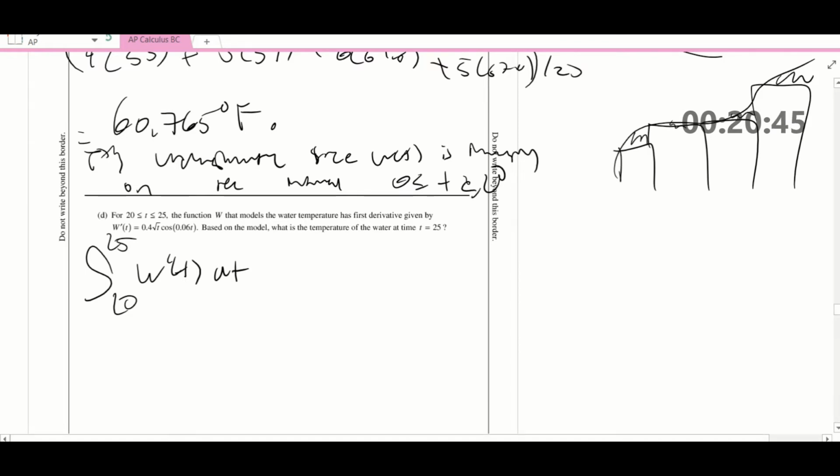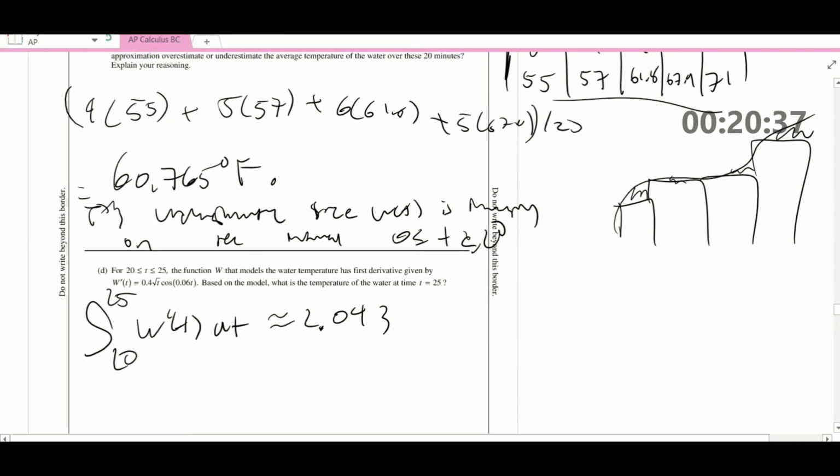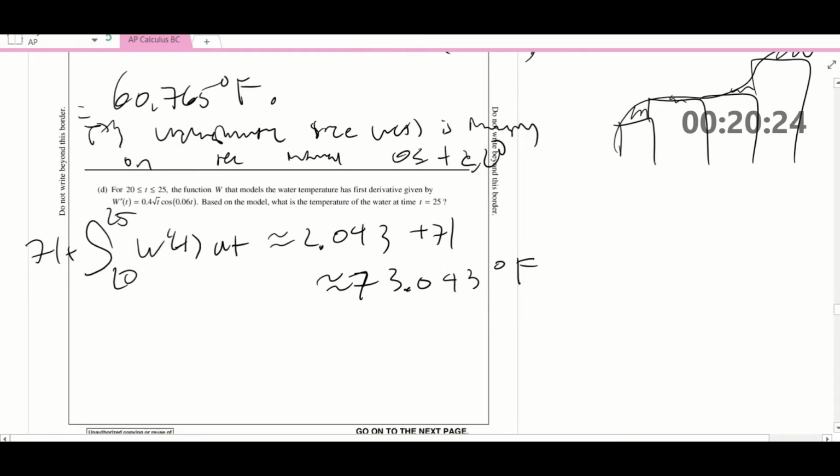And this is approximately 2.043, and we add this to 71, so it's approximately 73.043 degrees Fahrenheit.